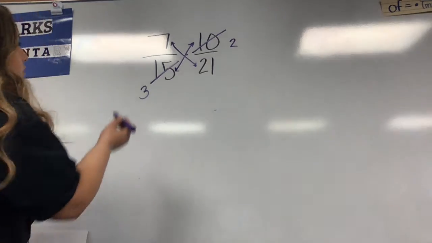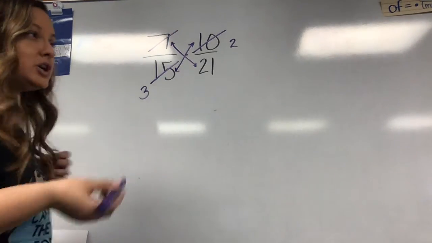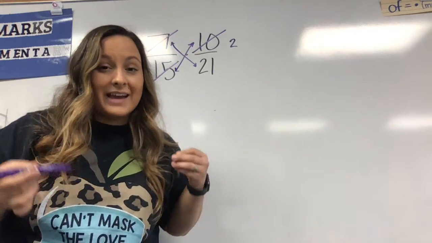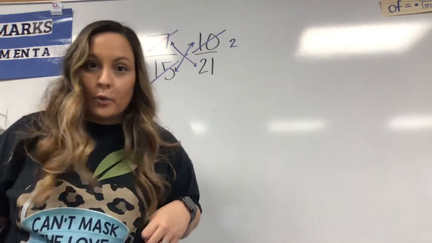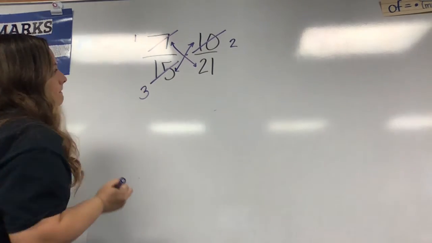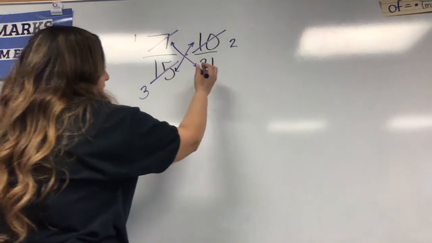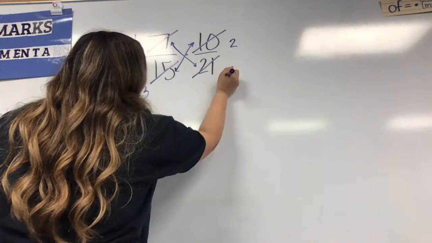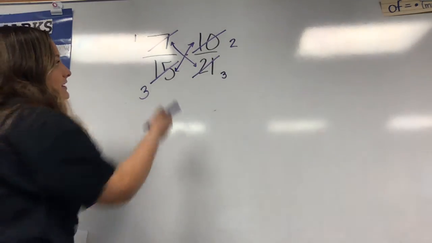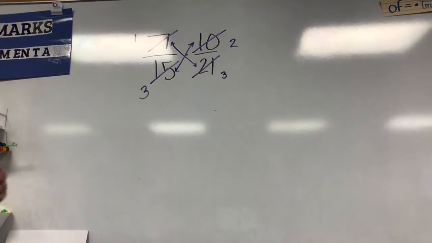So here's what I'm going to do. I'm going to use 7. 7 divided by 7. Remember, we talked about how anytime a number divides by itself, the answer is always 1. So 7 divided by 7 is 1. Now 21 divided by 7 is 3. I know this because I know that 7 can go into 21 three times.